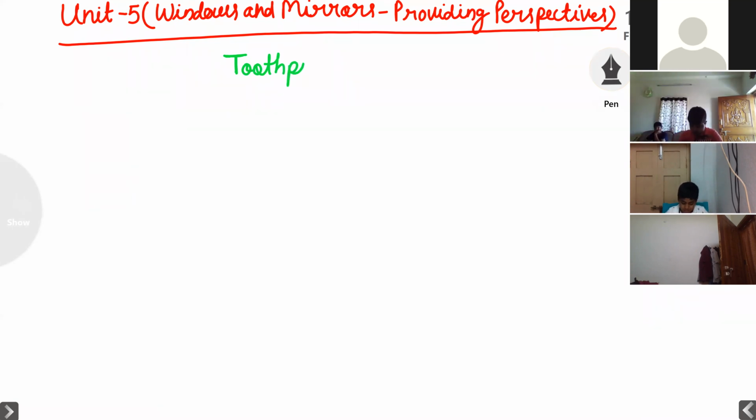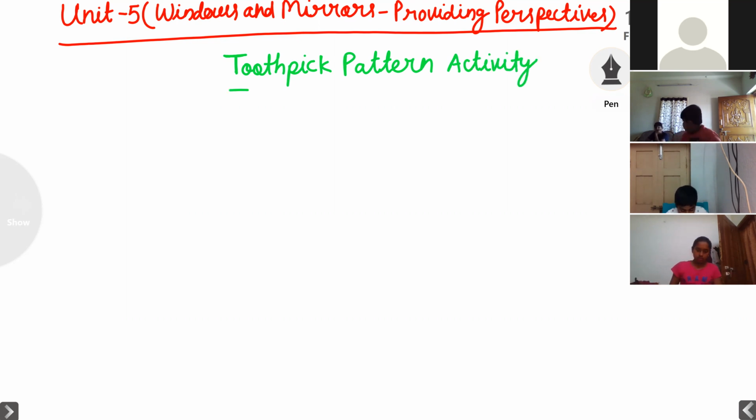Toothpick Pattern Activity. Write it right in the middle, and we can use a sketch pen.